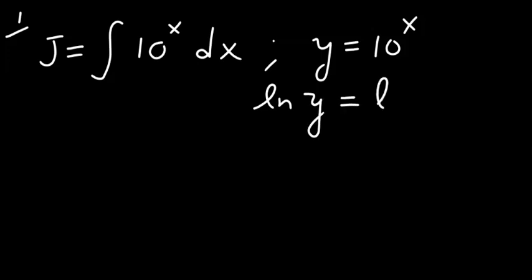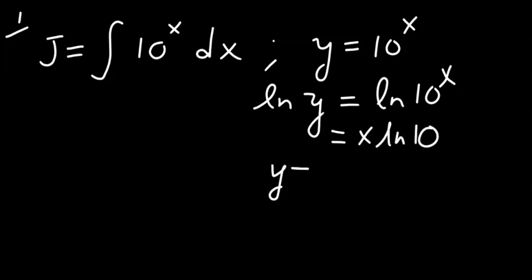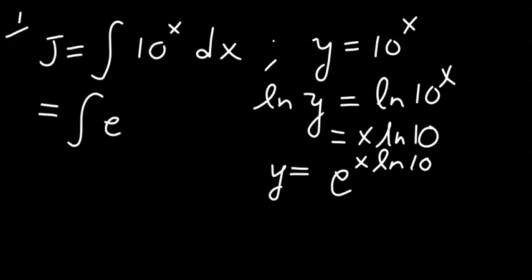The right hand side is natural log of 10 to the power x, which is just x times natural log of 10. So now expressing y in terms of x, you simply get e to the power x times natural log of 10. So what we are integrating here is therefore e to the power x times natural log of 10 with respect to x.